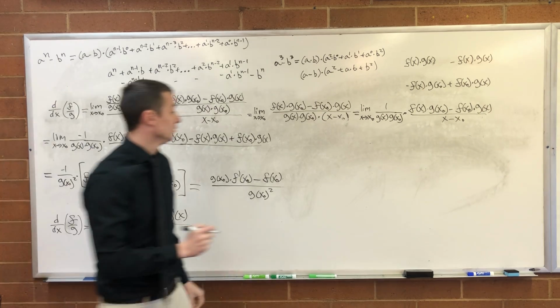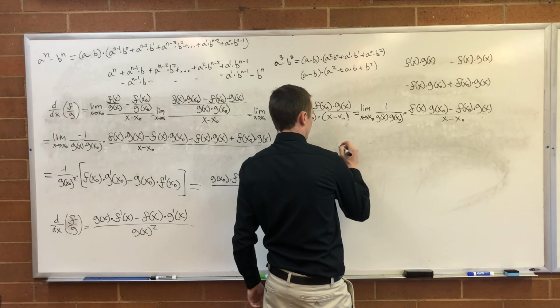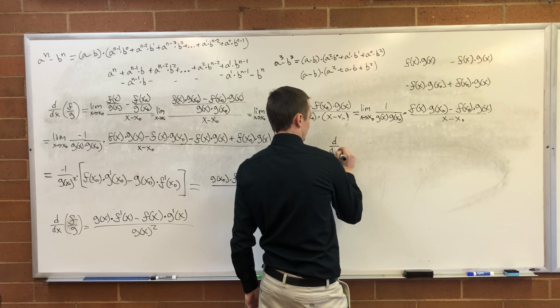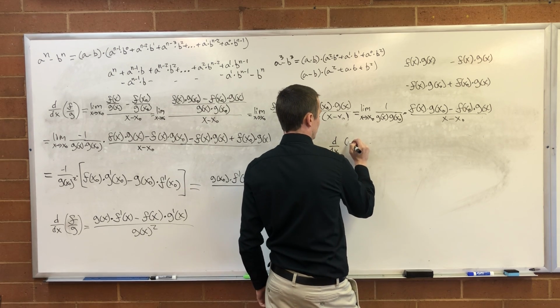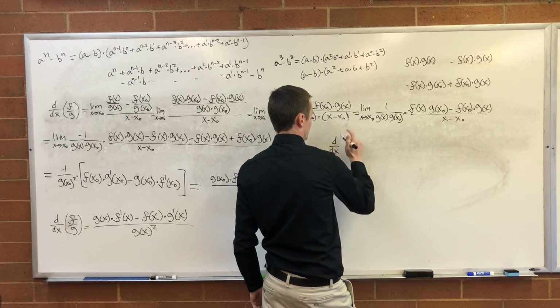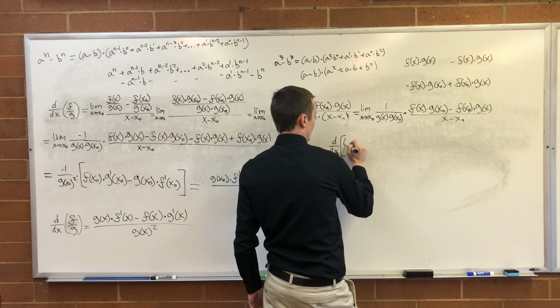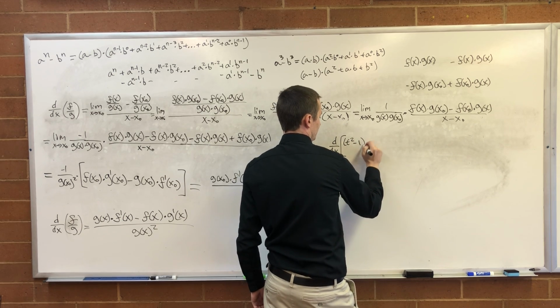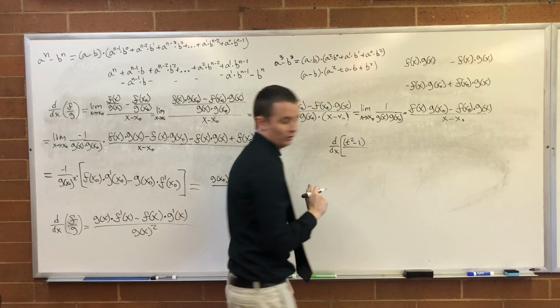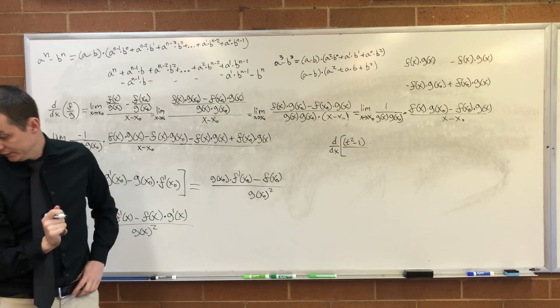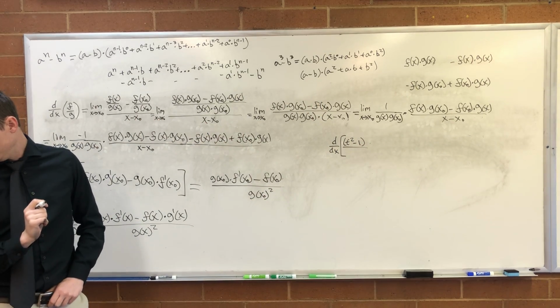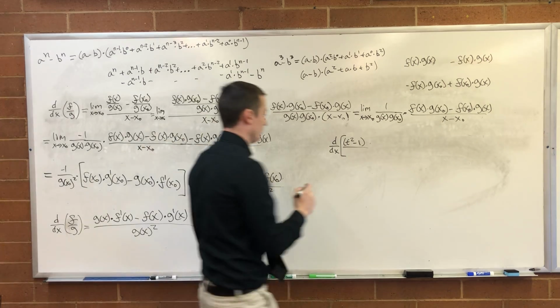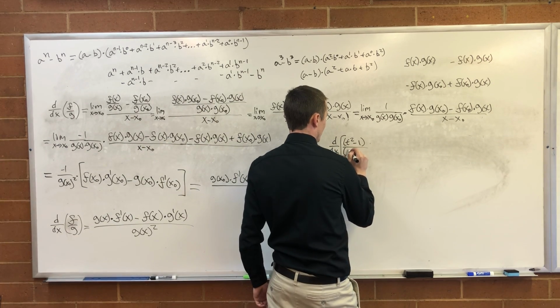We'll calculate the derivative with respect to x of t squared minus 1 all over t cubed plus 1.